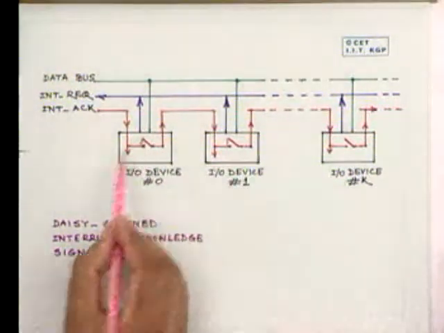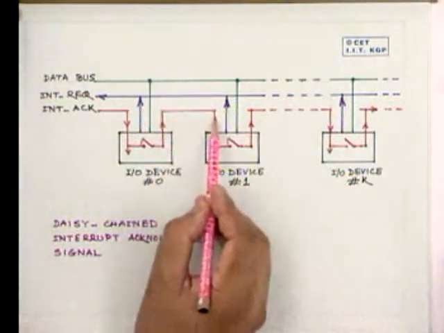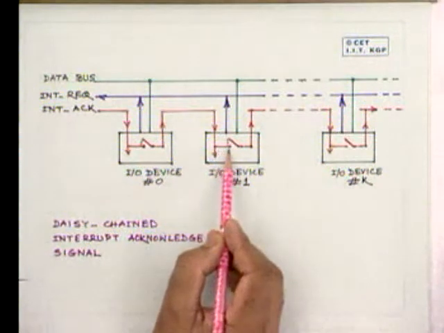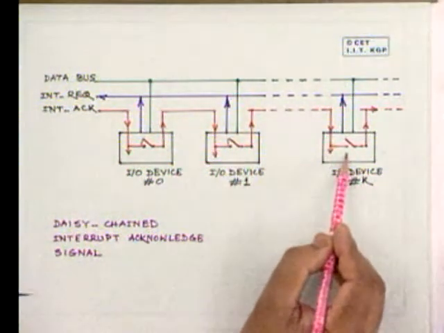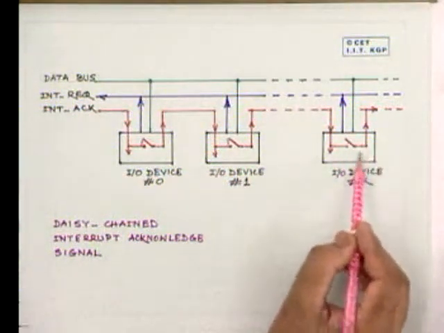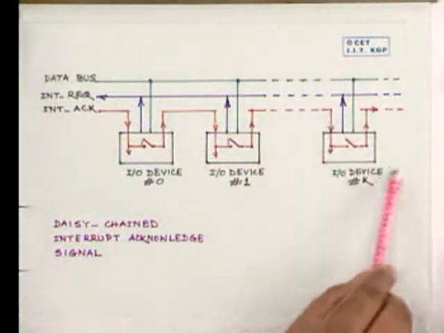Now, since this is closed, the interrupt acknowledge can flow through it. This one didn't want to interrupt, so it flows through, and only then does it come to the kth device. It is open, so the signal cannot proceed any further, and now this device will be taken care of.